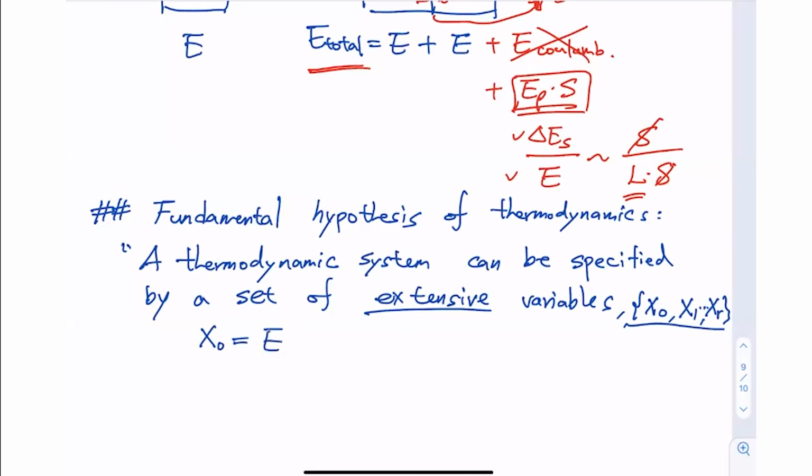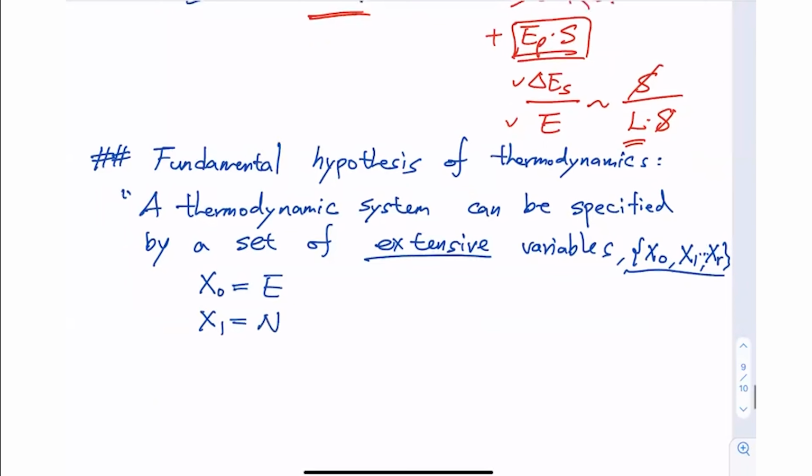But as I just mentioned, the fact that energy is an extensive variable is based on the assumption that the particles, or the microscopic components, interact with each other in a short range fashion. And x1 usually is considered as the number of particles, and x2 is usually considered as the volume, and of course the list can go on.